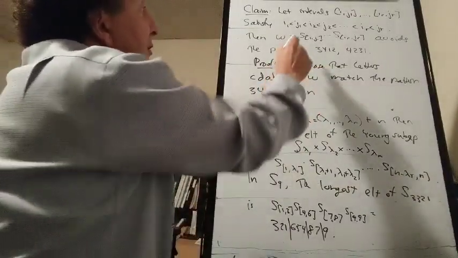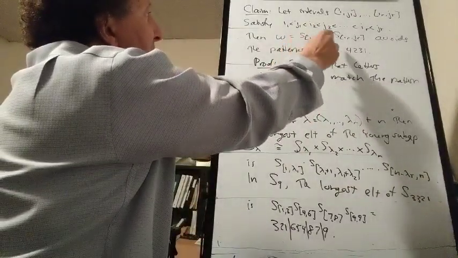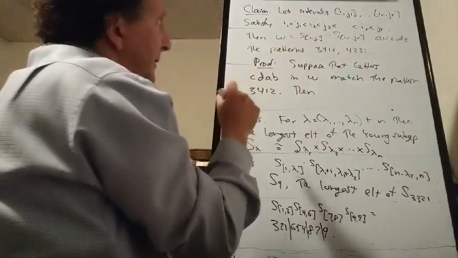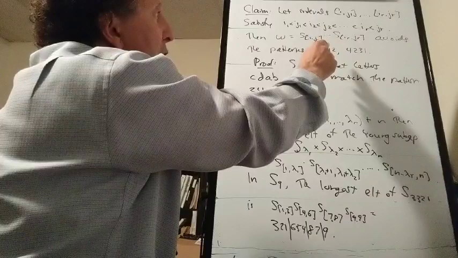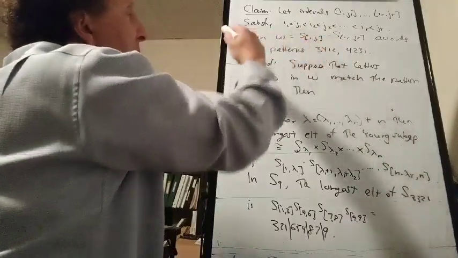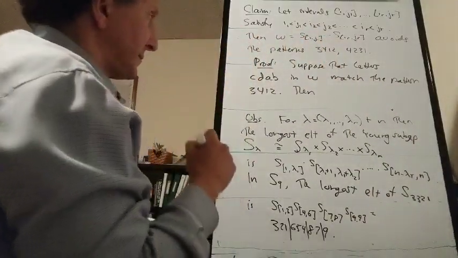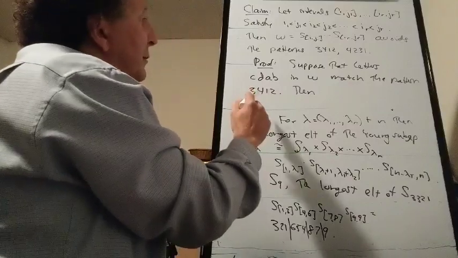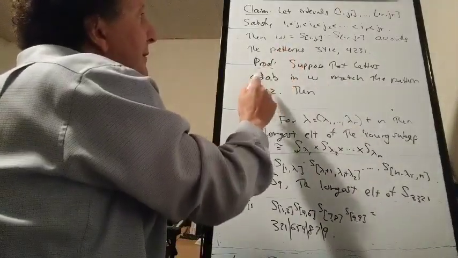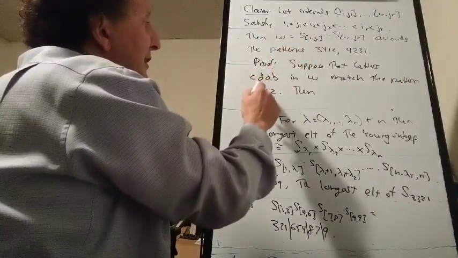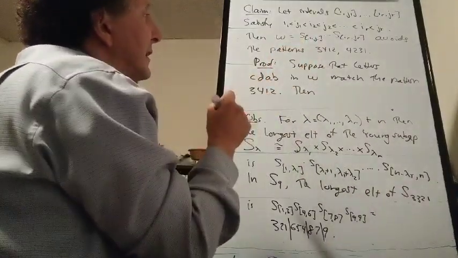Now in the one-line notation we have decreasing subsequences, and every decreasing subsequence consists of letters that are all greater than the letters from the subsequences before it. So that means if we see C and then D, D can't be in the same interval as C. It has to be in a later interval.